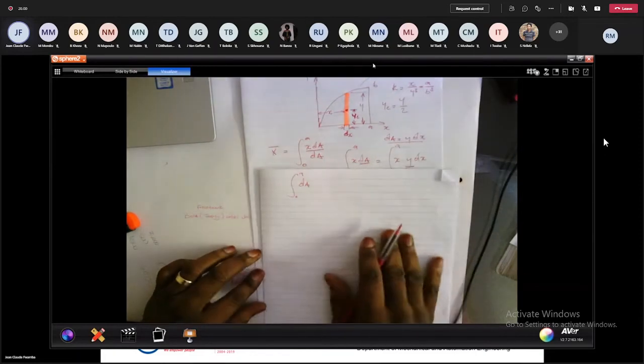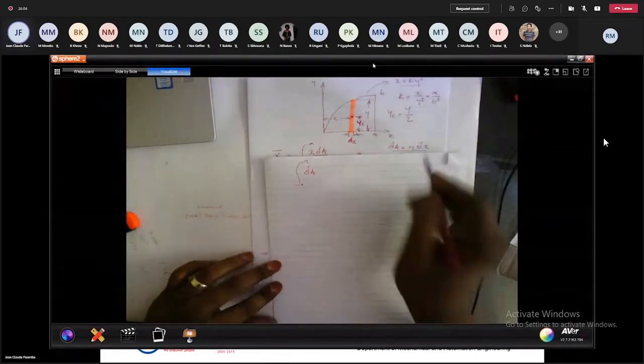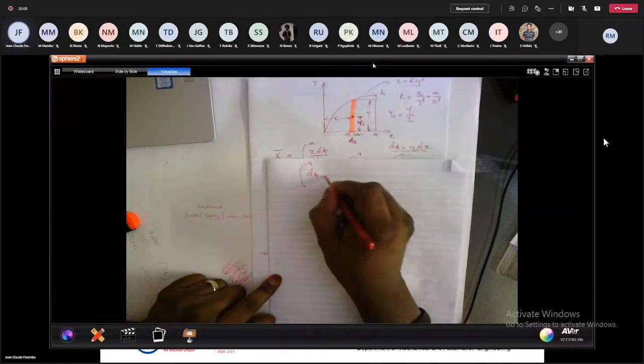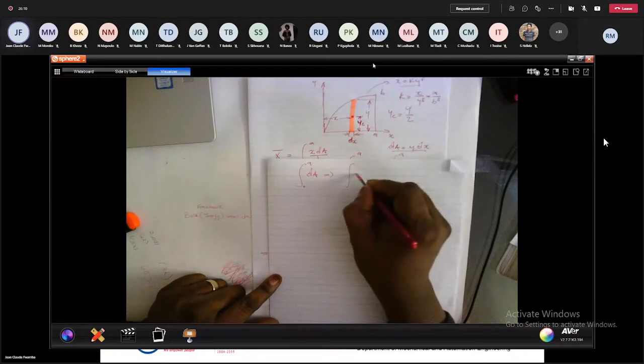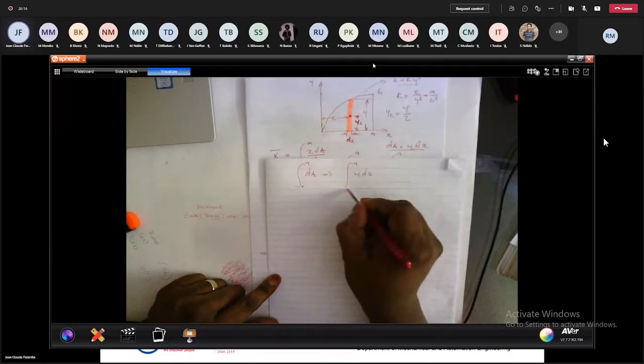Now, what is the area? I've defined it as y dx. So it will be integration of y dx within my limit. So I cannot solve it there.